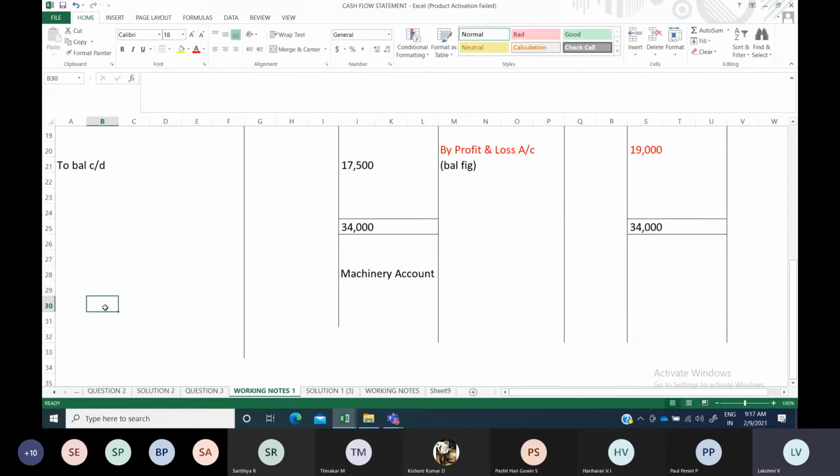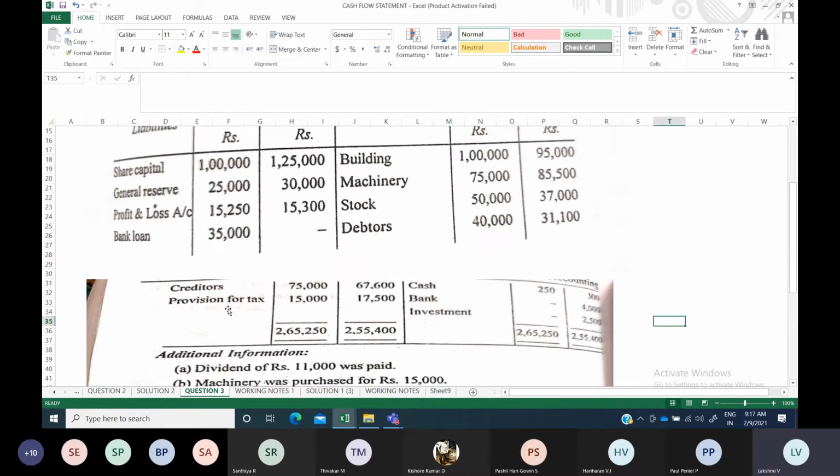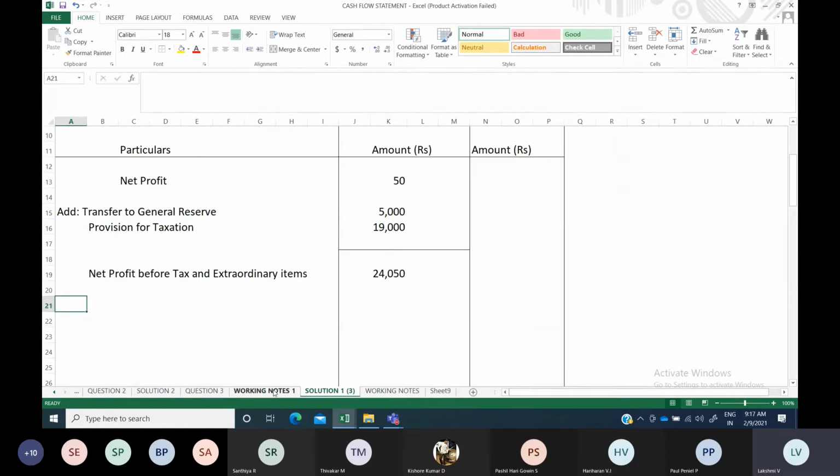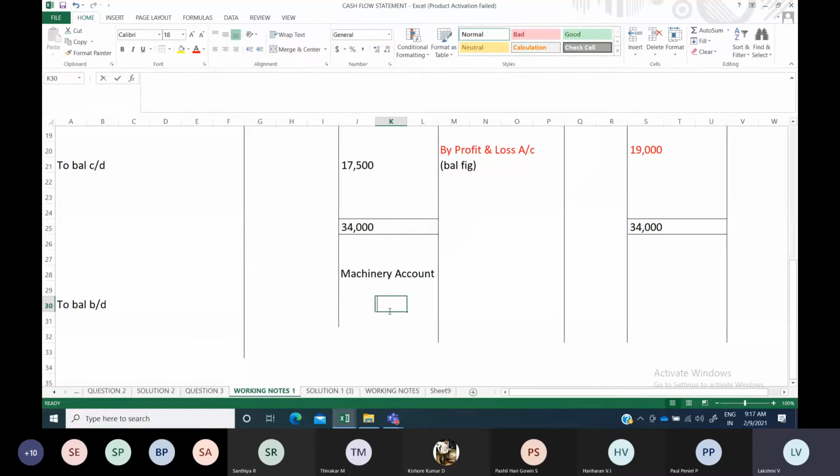Your asset will always have the opening balance on the debit side. So you have to enter the amount over here. Opening balance is 75,000, so that 75,000 you have to mention here.